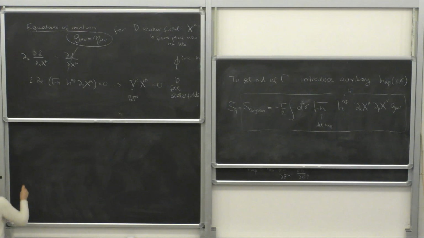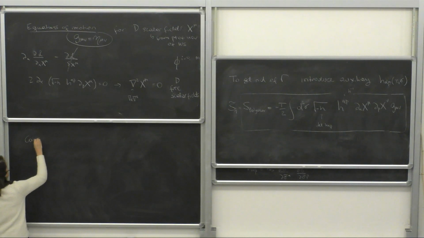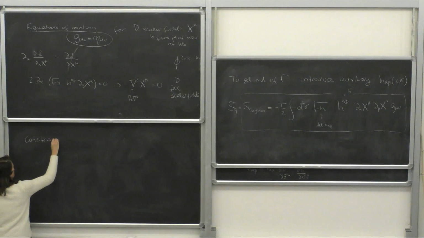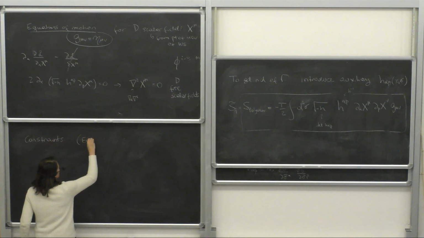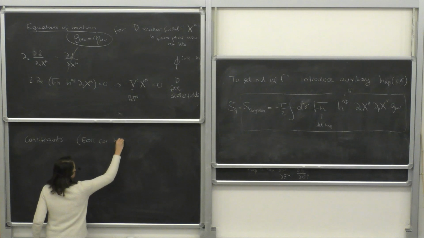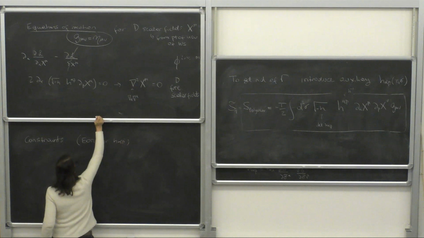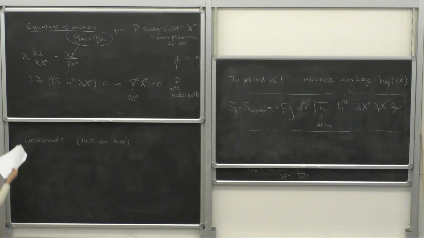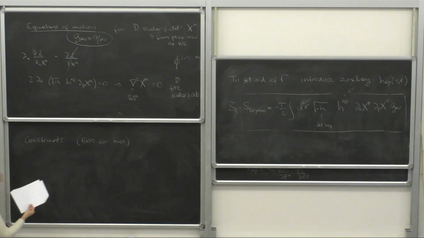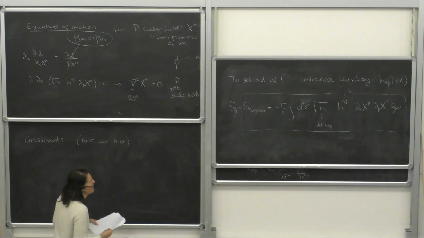And there were also the constraints, which was the equation of motion for H alpha beta. H alpha beta plays the role of the worksheet metric, but it's actually some auxiliary field.